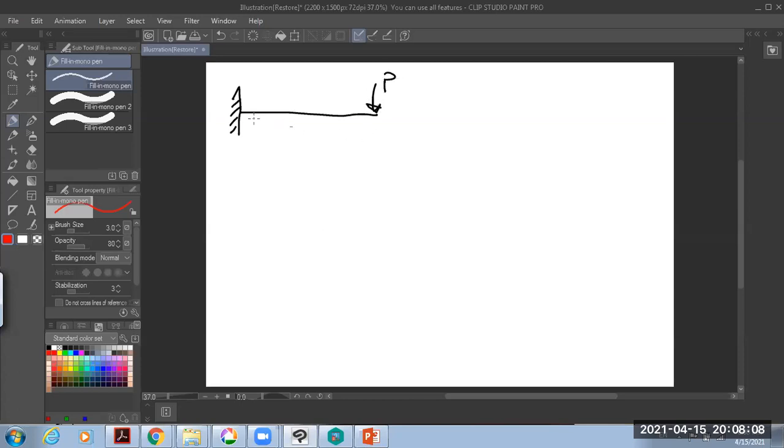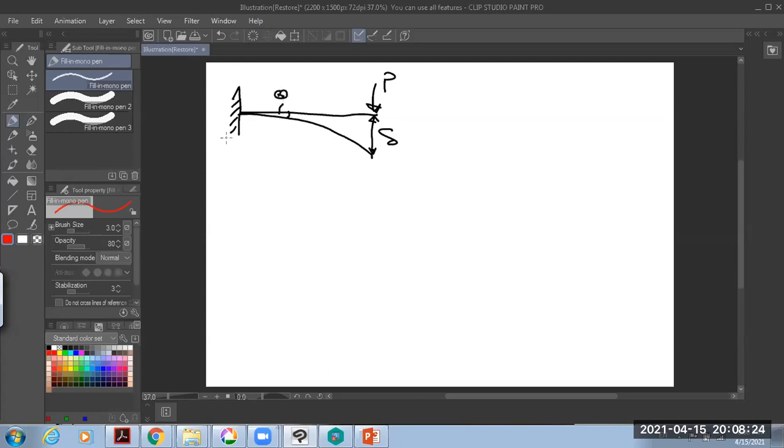Under this concentrated load, this is the deflection line. We call it the deflection line, or elastic line. This is the deflection. What is the slope then? The slope here is theta.